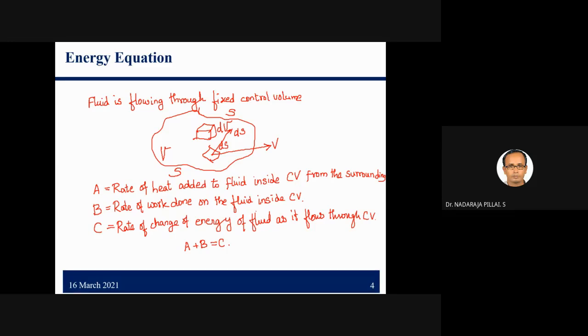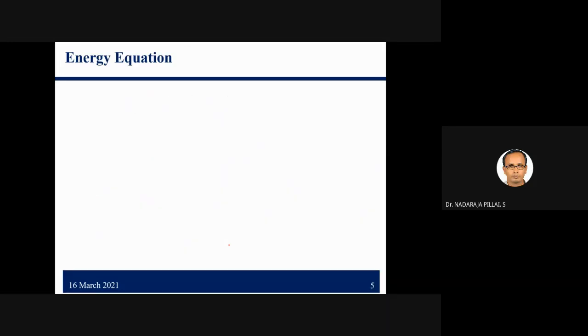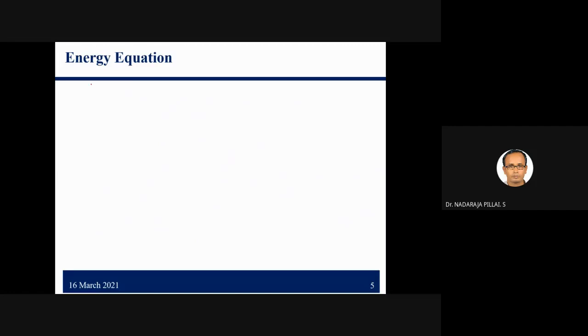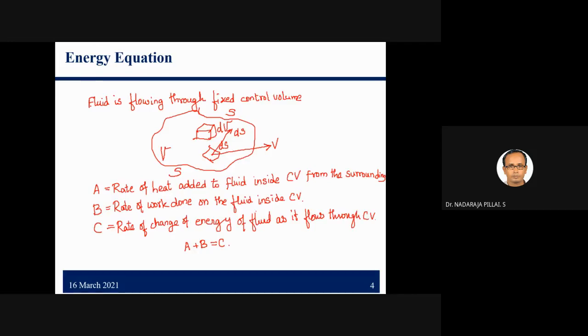Anyway, let us consider the equation, right? The rate of heat added, the first one is A. So let us write the term A. What is A? A is the rate of heat added to the fluid inside the control volume.